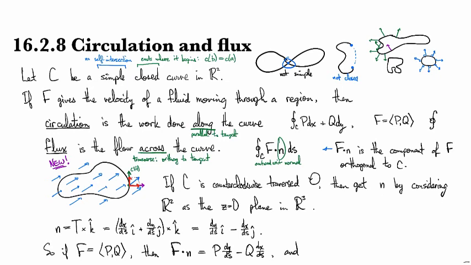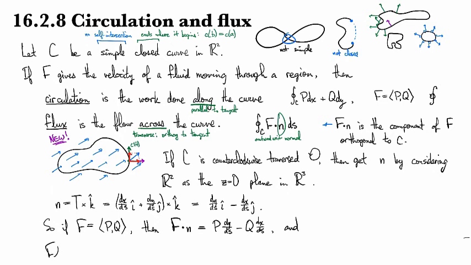And then we have that the flux is the closed integral over C of F dot N ds, right? That's what we agreed back at the beginning. And so now writing this in terms of components, we have P dy/ds minus Q dx/ds.